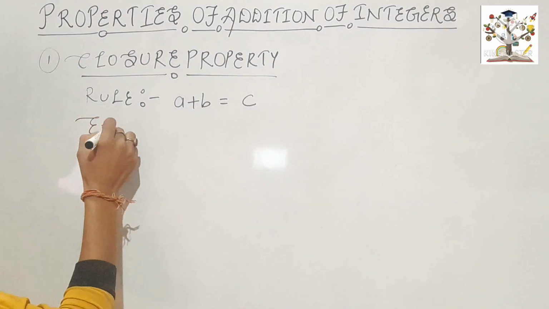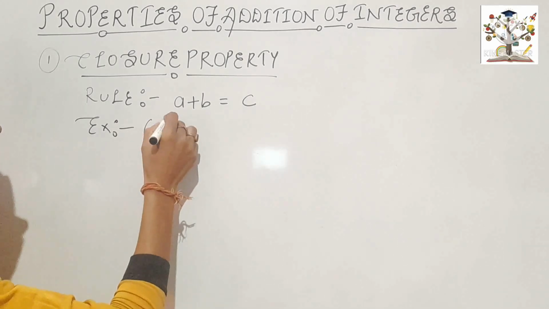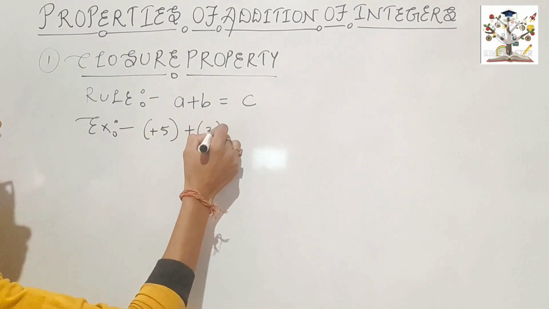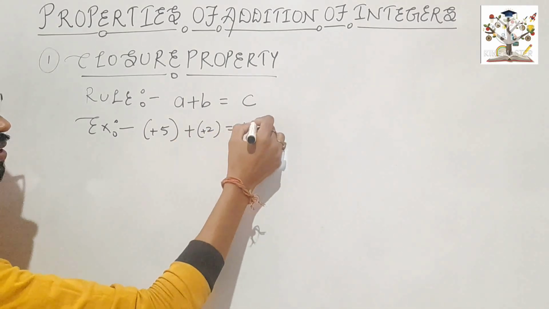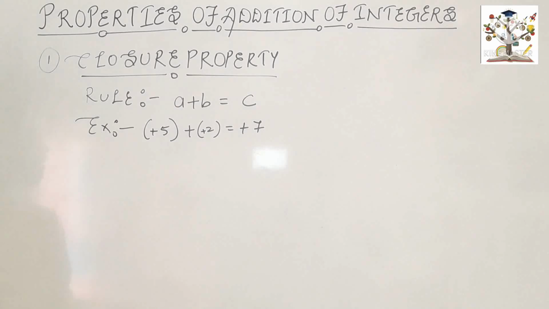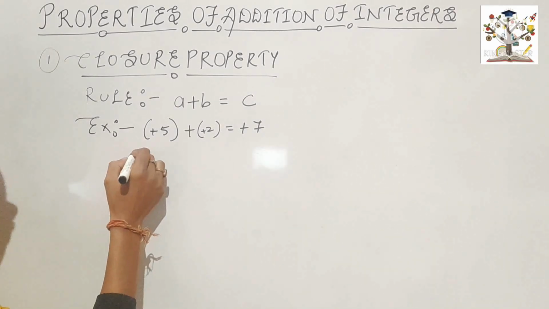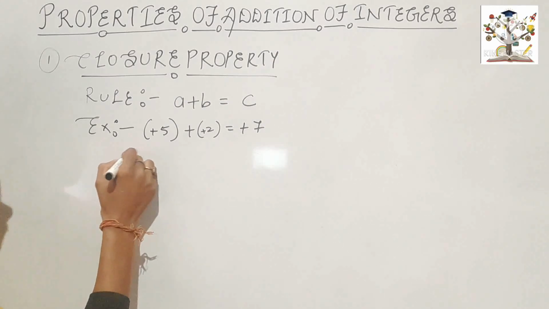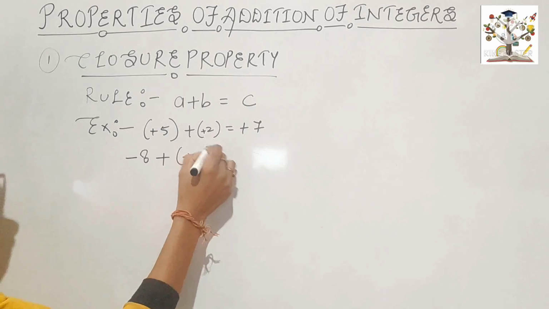Let's take an example. I'm taking plus 5 and plus 2. What will I get? By addition, 7. Next, let's take another example of this property. Suppose I am writing minus 5 plus 2.